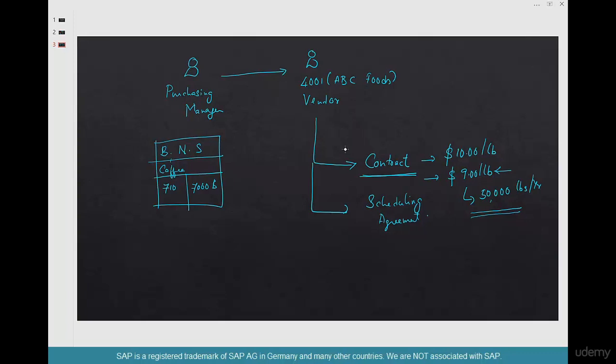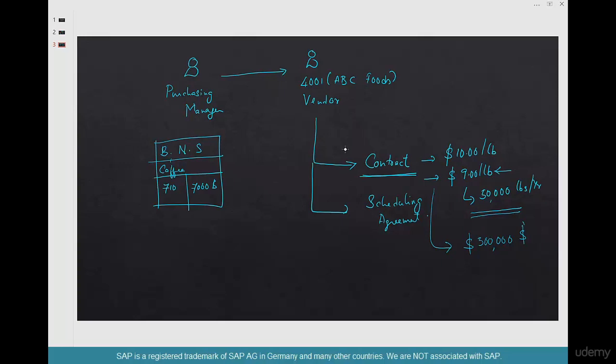Another type of agreement is, say, I don't just procure coffee from 4001, I also procure dairy creamer, cups, sugar, flour, in which case I don't have to limit this contract to just 50,000 pounds of coffee per year. I could say, do a business of, say, $500,000 per year.